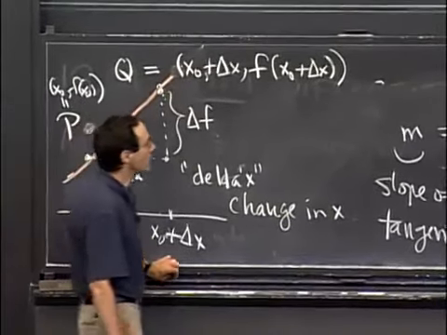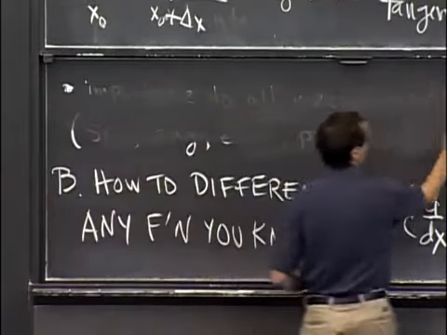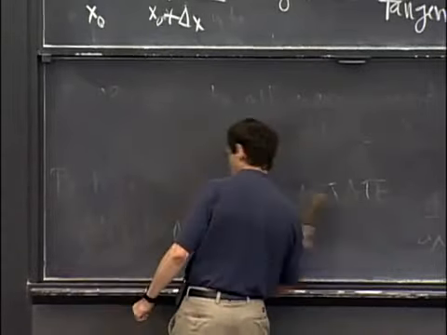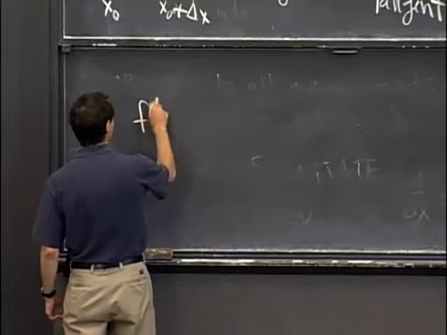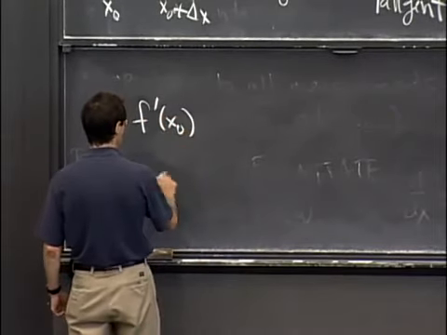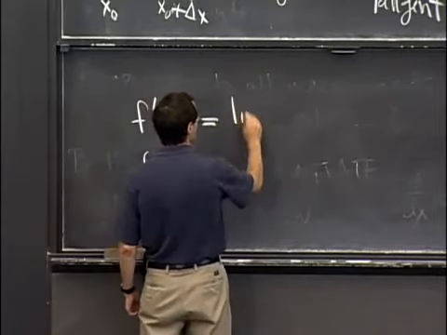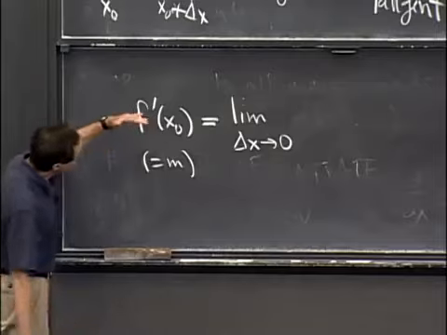And now I can write a different formula for the derivative, which is the following. So this f prime of x0, which is the same as m, is going to be the limit as delta x goes to 0 of the change in f.